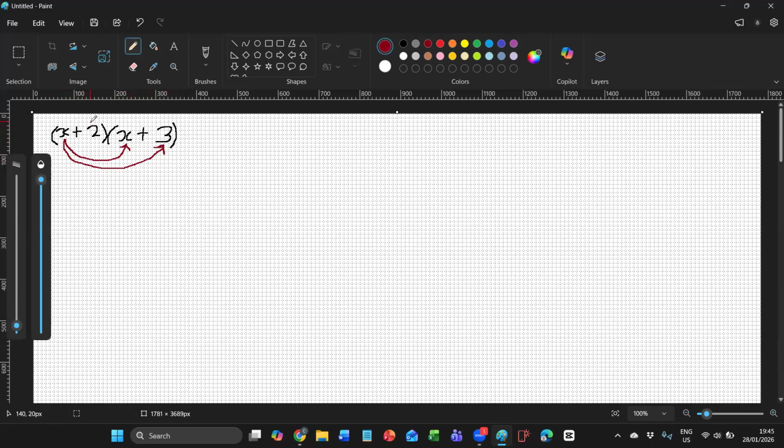Then 2's own. 2 will take on x, and 2 will also take on plus 3. So take note of the order.